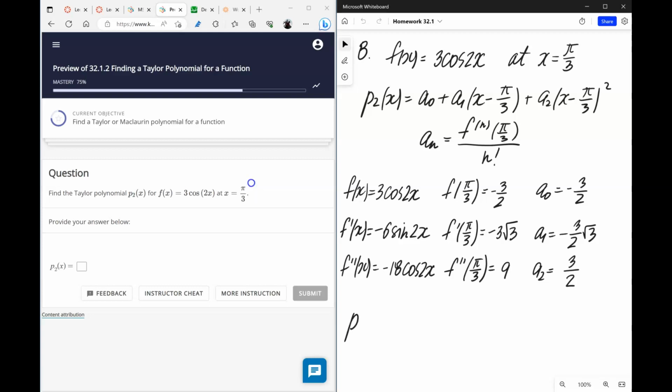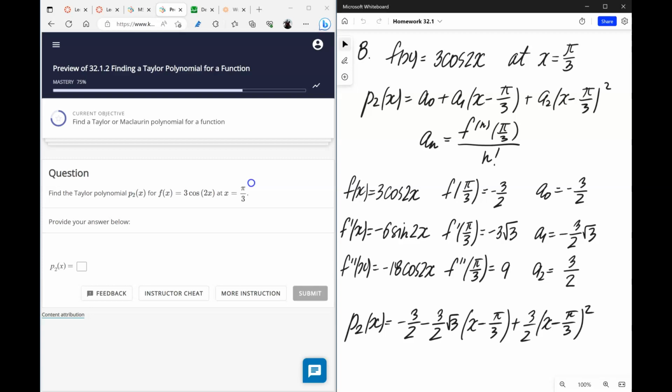So it's going to be 3 halves. So our polynomial looks like this. It's negative 3 halves, negative 3 halves root 3 x minus pi over 3 plus 3 halves x minus pi over 3 squared.